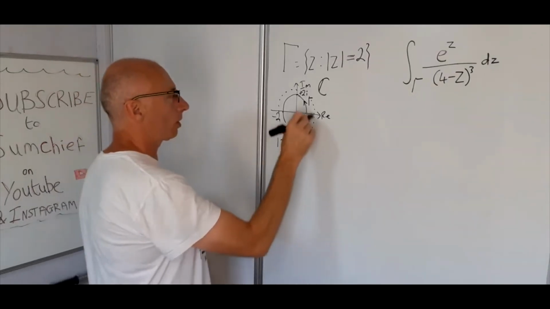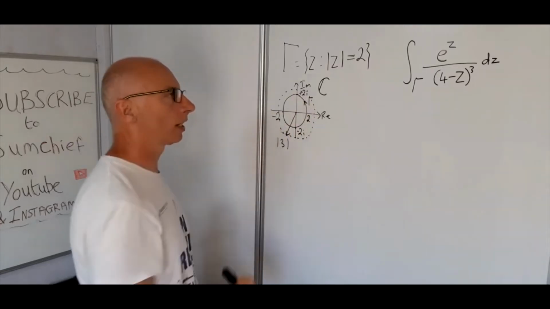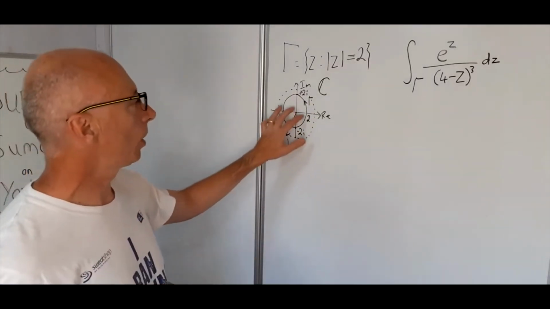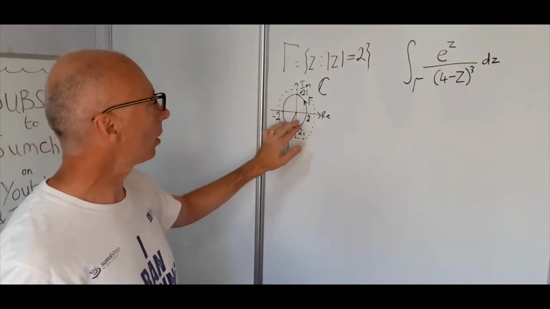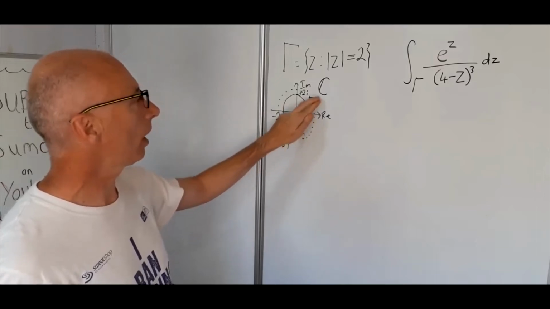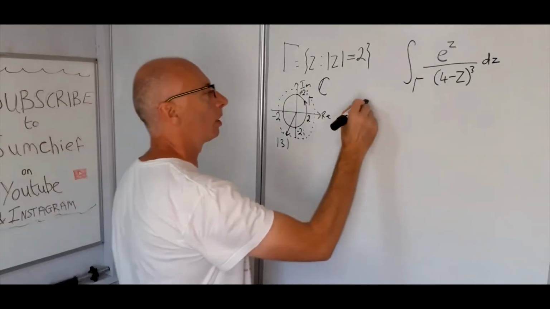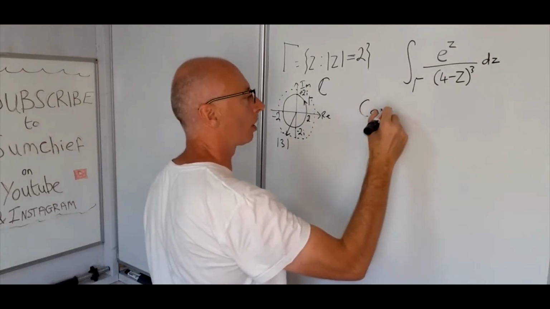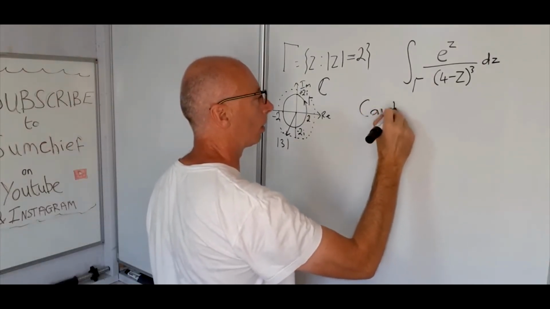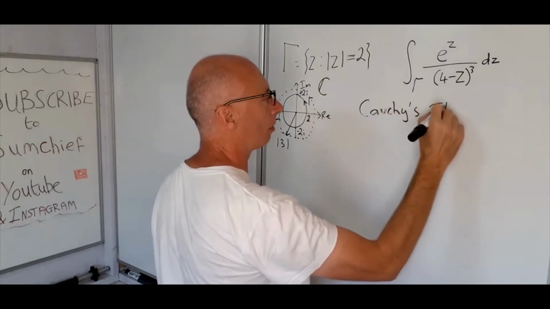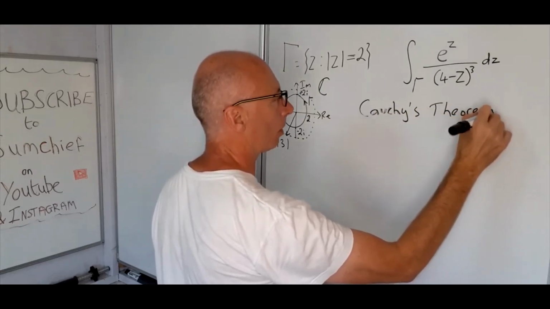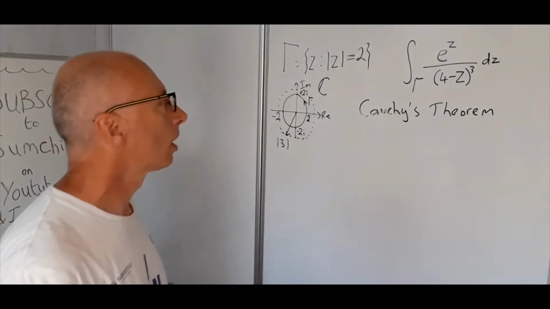So that's a radius of 3, this region here. All the points inside gamma are contained in this region of the complex plane. So the rules for Cauchy's theorem are now all satisfied.